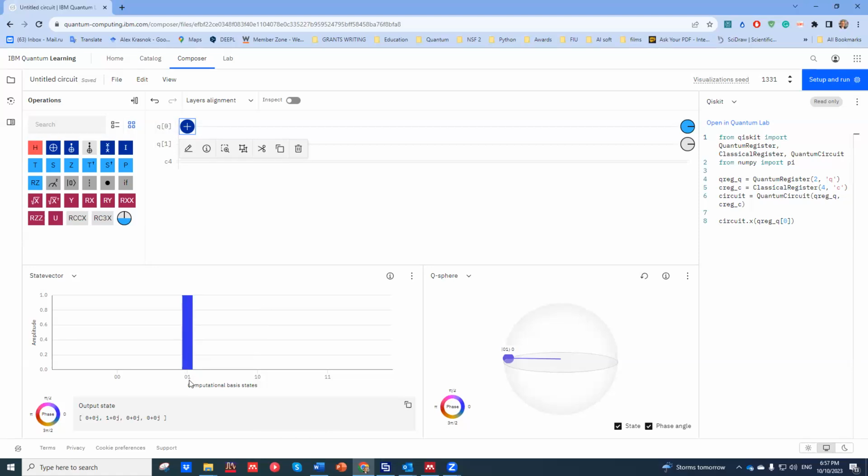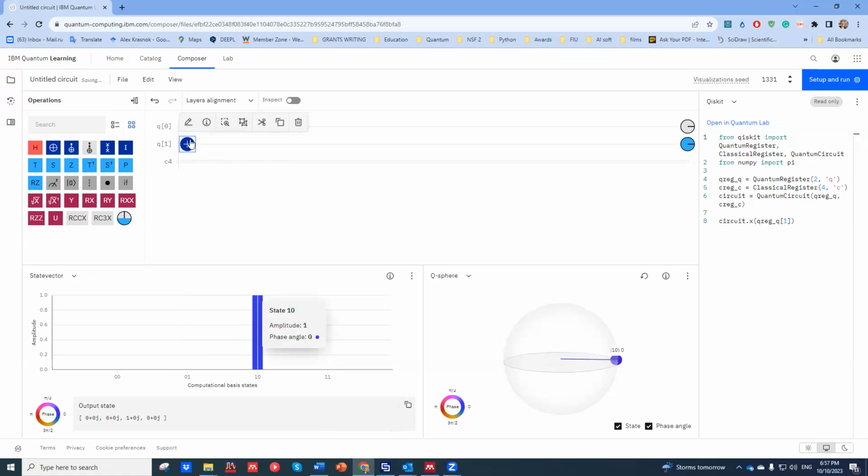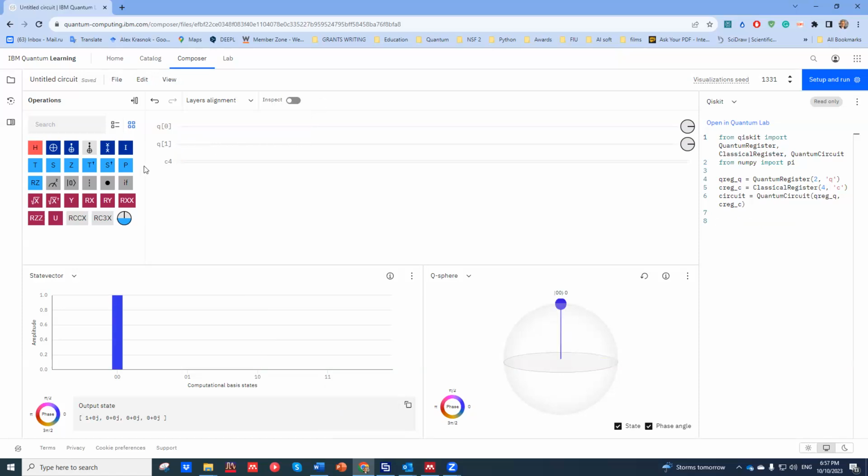Okay, so it's 0, 1 now. And if I apply it to the second one, it's gonna be 1, 0. So the order here matters. Okay. So now I can apply this Hadamard gate to the first qubit.